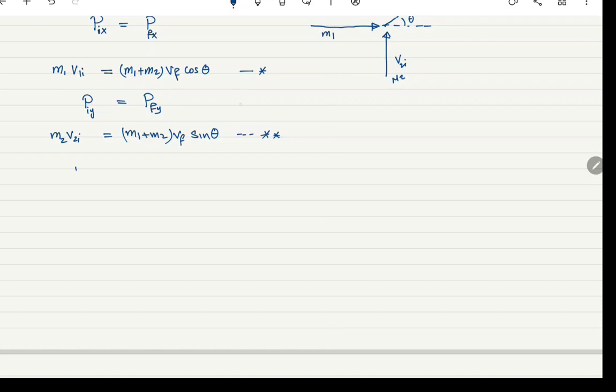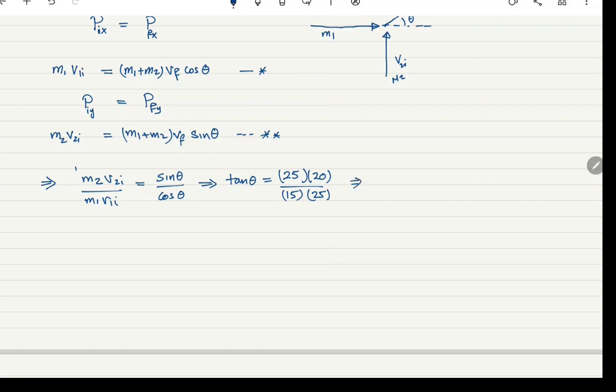Now divide both equations. You will get m2 v2 initial over m1 v1 initial equal to, with the masses canceling out and v final canceling out with v final, sine theta over cosine theta, or in other words, tan theta. In this case m2 is 25 kilograms with v2 of 20, divided by m1, which is 15, multiplied by 25 meters per second.